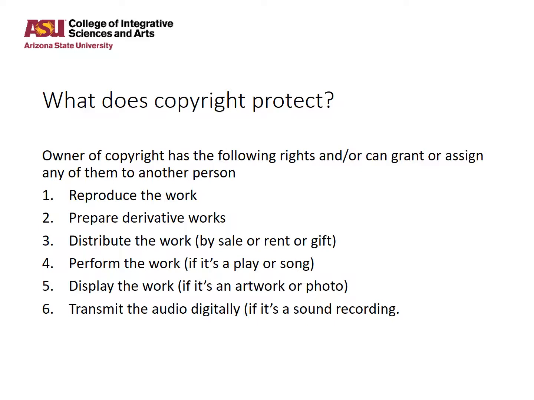For example, the Phoenix Suns can allow ABC Company to create jerseys with the Phoenix Suns logo. Okay, ABC Company would have purchased from the Phoenix Suns the rights to reproduce that specific work, that specific kind of jersey in the quantity that they're paying for, with a limited distribution geographic area.